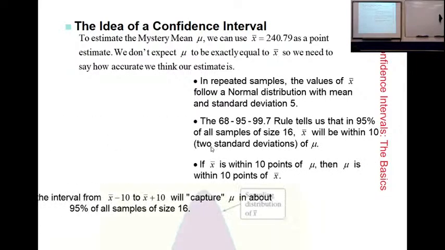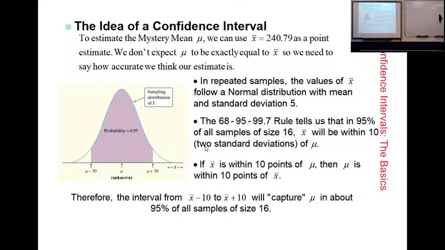So going through a whole bunch of ideas here. If we have a 68, 95, 99.7 rule, if we got a standard deviation of 5, that means that 95% of the data should be within 2 standard deviations.